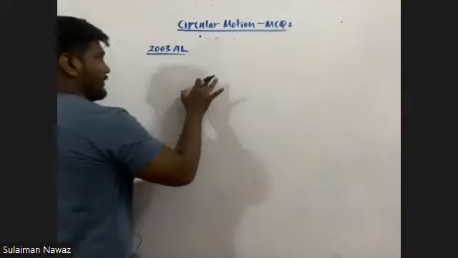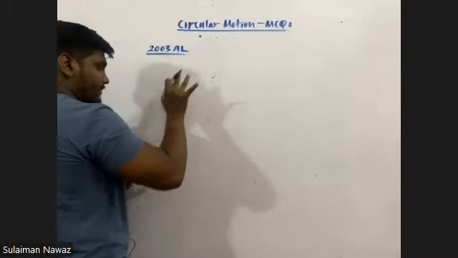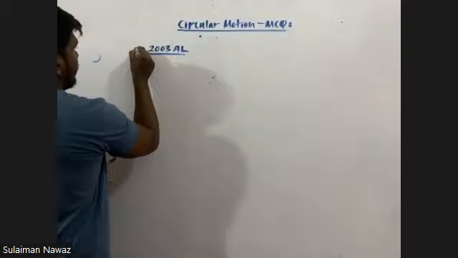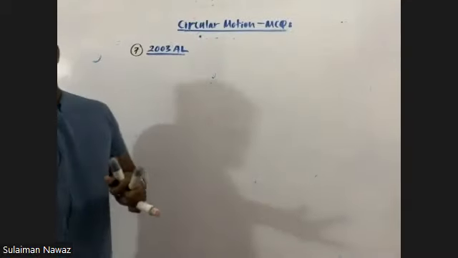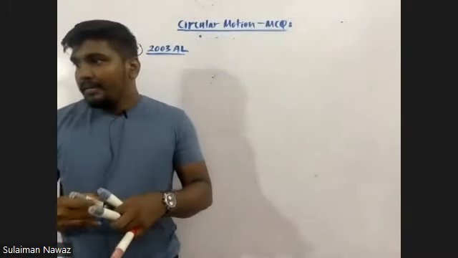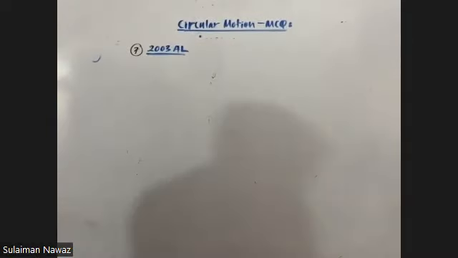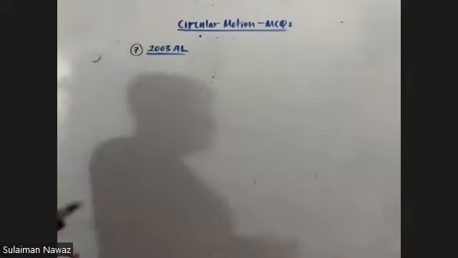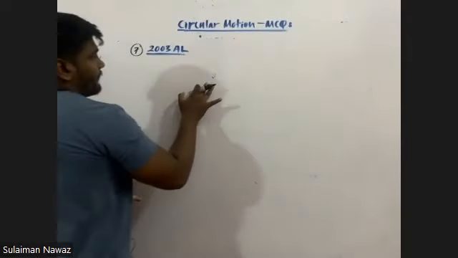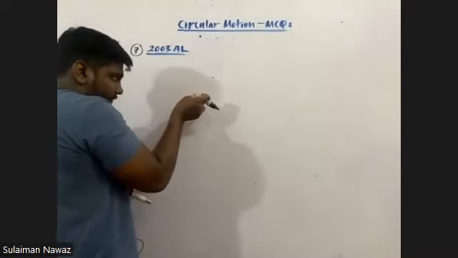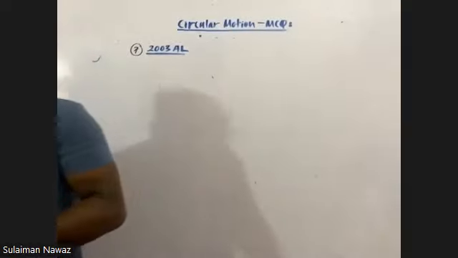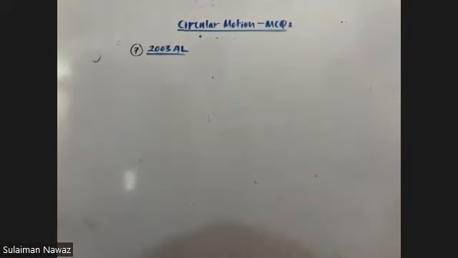Now, let's say the natural length of a string is L. In that question, question number seven, when the string is at its natural length, its length is r.